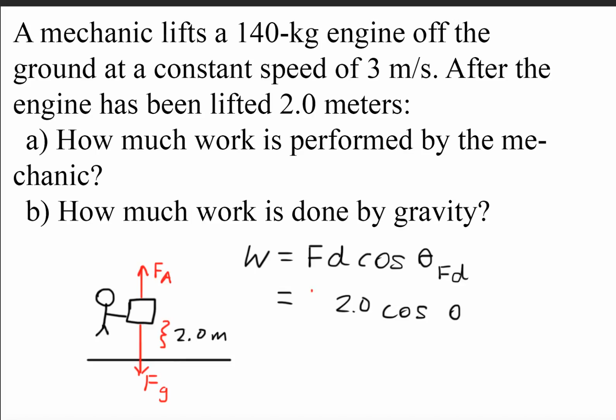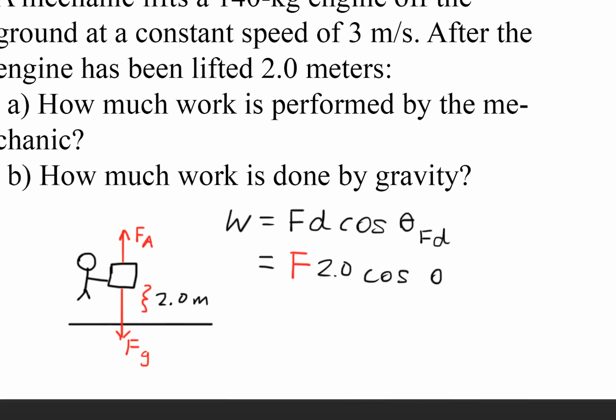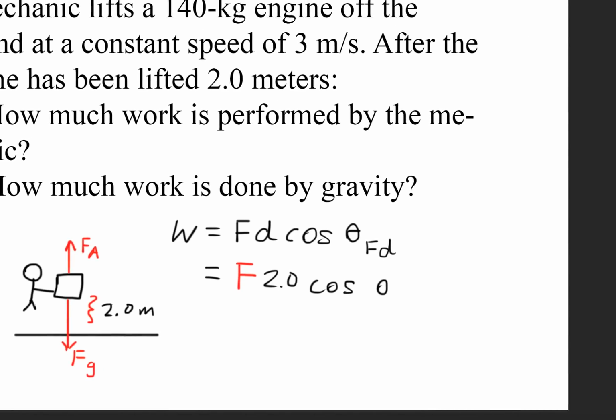But what about the force? We can't easily find the force, but we can find it by using Newton's second law. So now we'll stem away from using work, and we'll focus our attention on the forces in the y direction. So we want to sum up the forces in the y direction.